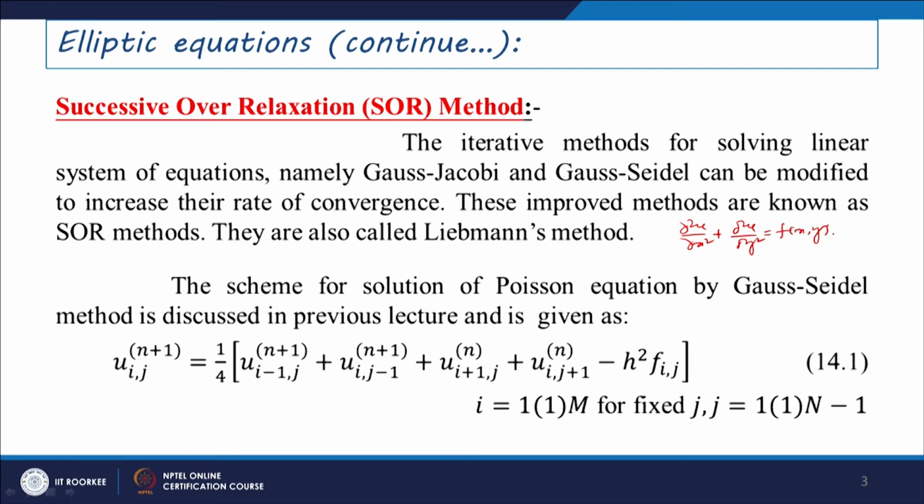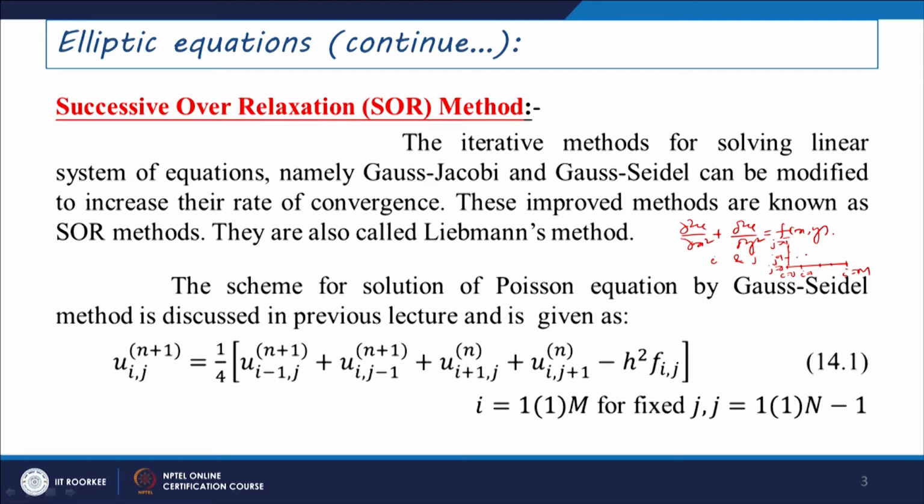If we denote the grid points with the x coordinate as the i grid points and the y coordinate as the j grid points, then i varies along the x axis from i equals 0, i equals 1, up to i equals m, and j varies from j equals 0, j equals 1, up to j equals n.